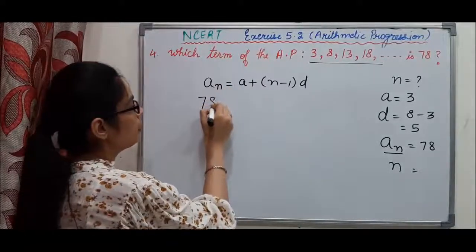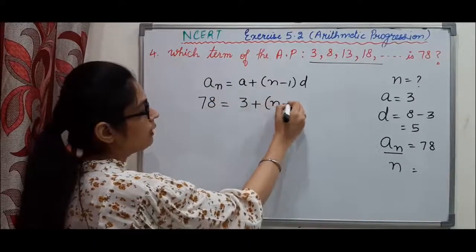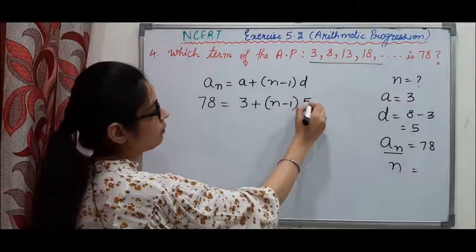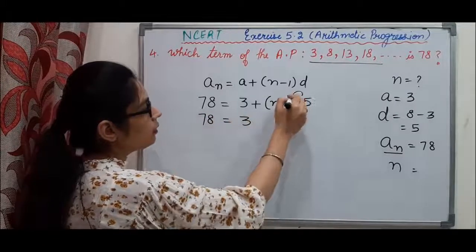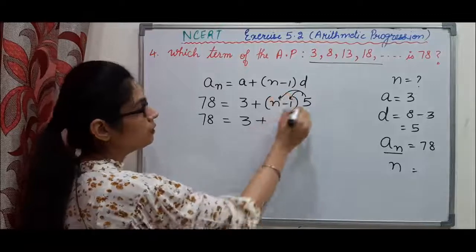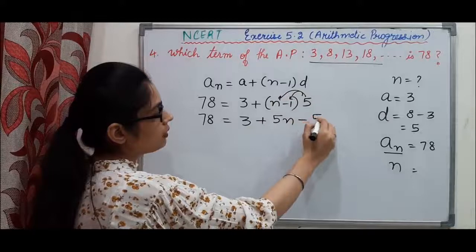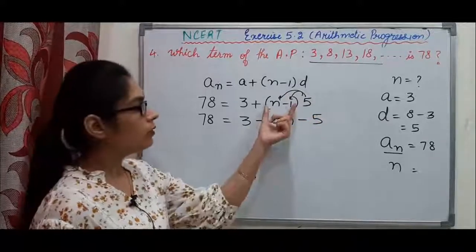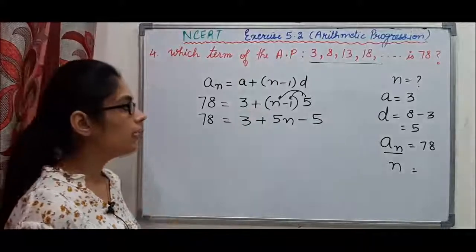an is 78, a is 3, n we have to find, d is 5. So 78 is equal to 3 plus, and this you can multiply: 5 into n is 5n, 5 into 1 is 5, with the minus sign. The bracket was there, so the term outside has to be multiplied with both the terms inside the bracket.